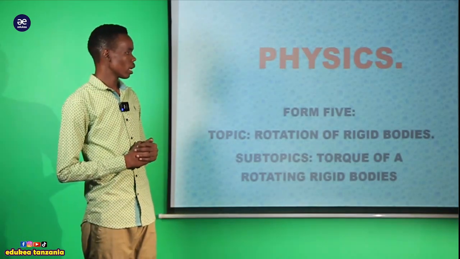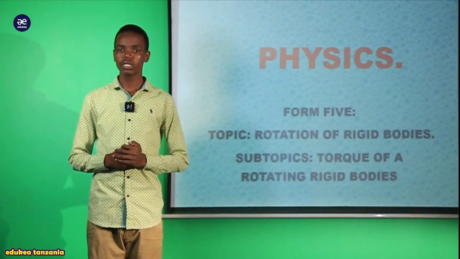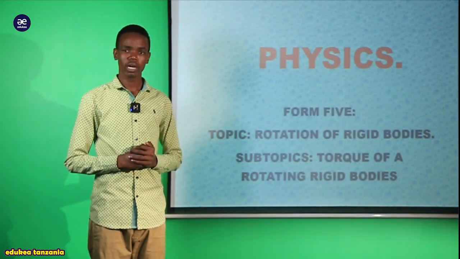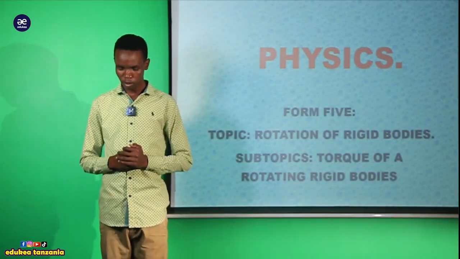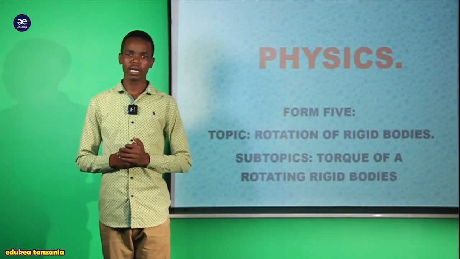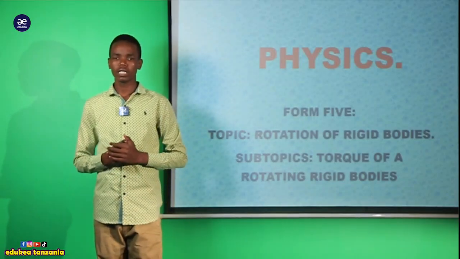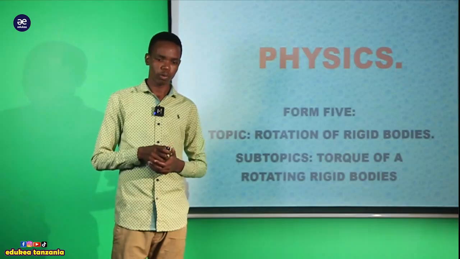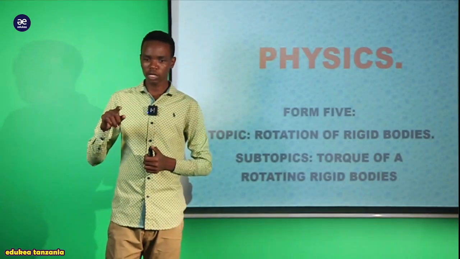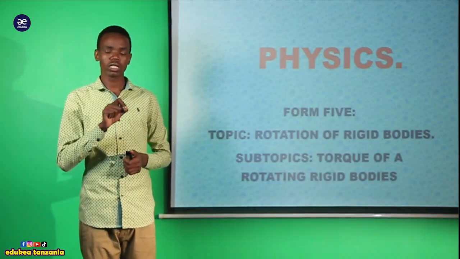Before we proceed with our discussion, we are supposed to think about where we ended in the last session. In the last session, my dear student, we saw an example related to torque. How can we get the torque when a rigid body is trying to rotate, like a wheel?